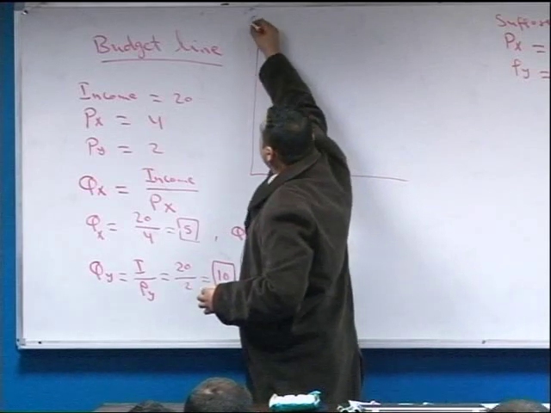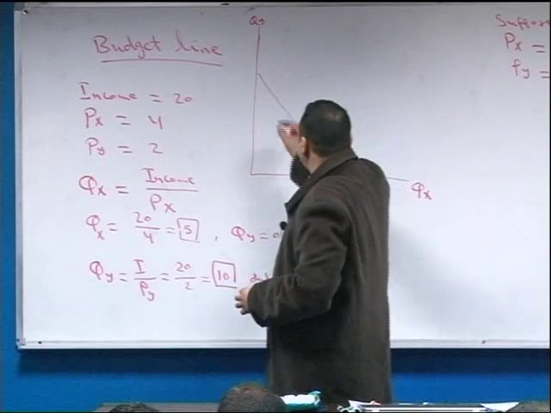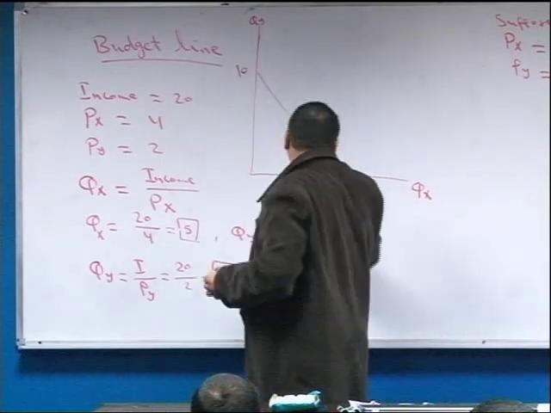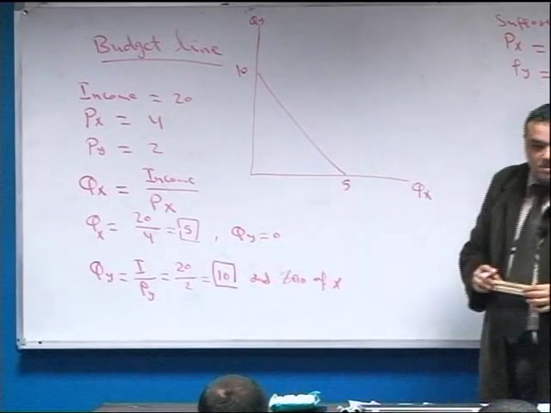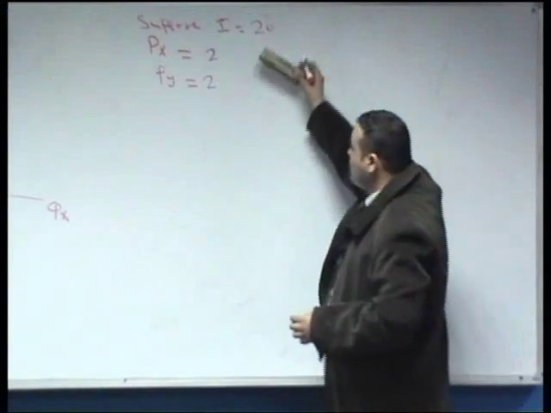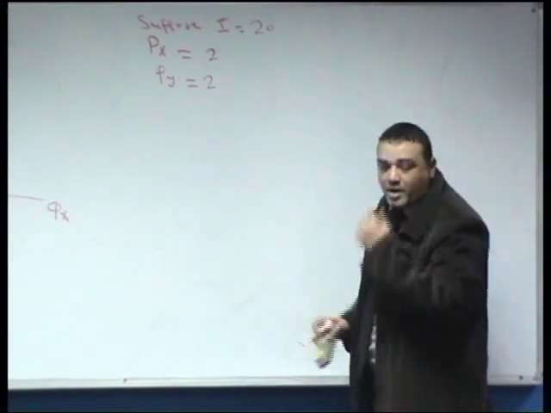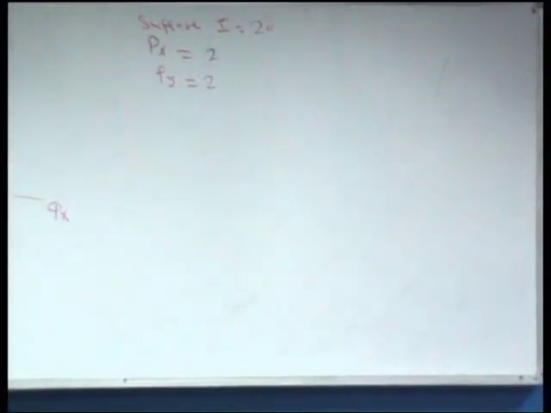QY, QX. How much was the quantity of Y? 10. And the quantity of X? 5. Our assumption is, suppose that the income remains constant at 20, the price of X declined, the price of Y constant. Then we will calculate it.